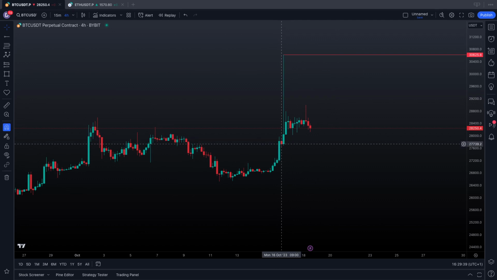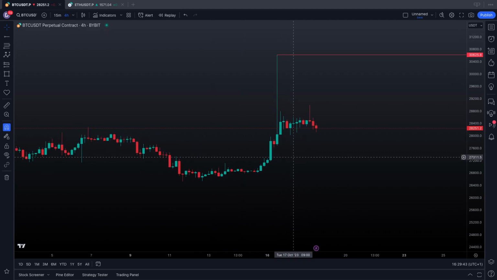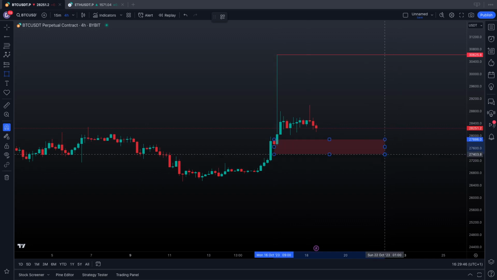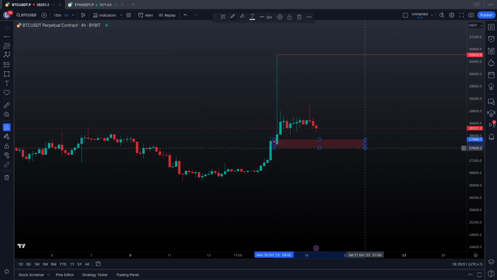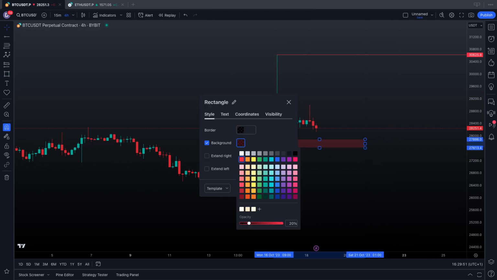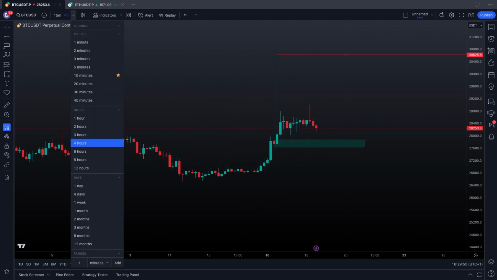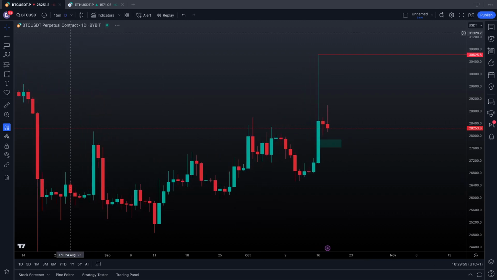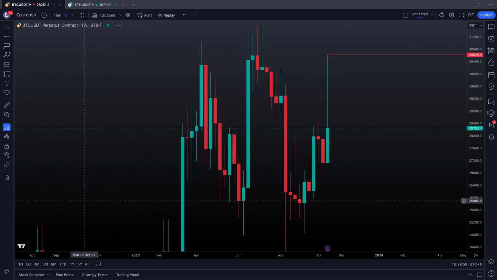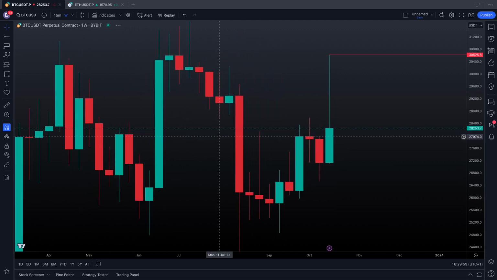Look at any sort of order blocks or imbalances that formed before this move and use those as a reference point. Like so. I don't think on the daily there's any order blocks that formed. We just said weekly 28.